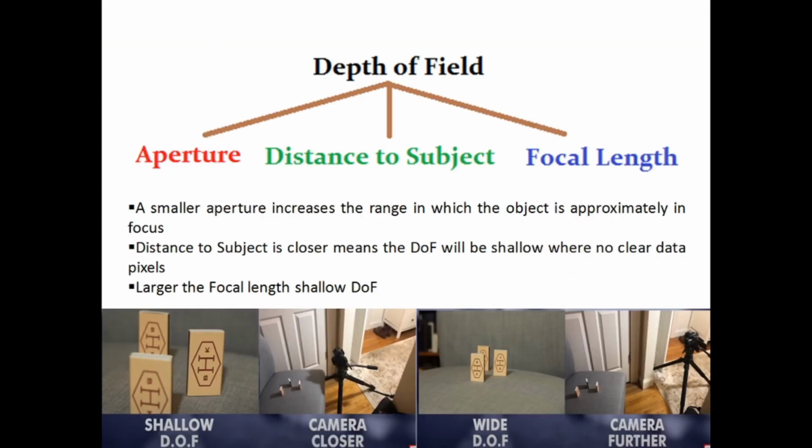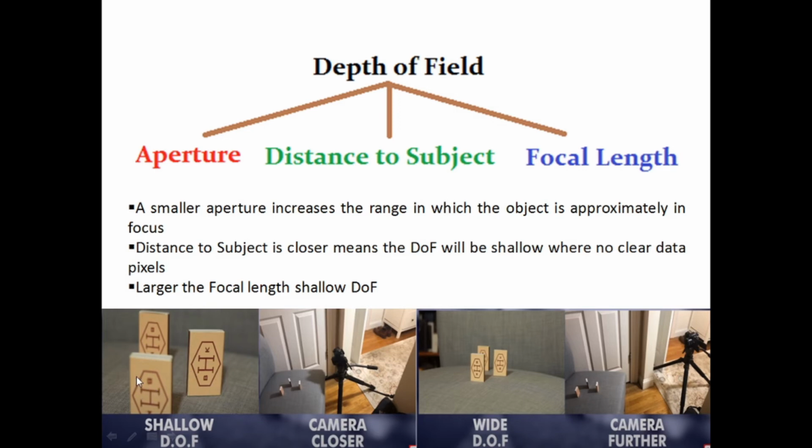Okay, now let me go with the remaining one, distance to subject. What is this distance to subject? So in the image, left side as well as the right side, this is my camera, this is my subject, and this is my camera, this is my subject. If the distance to subject is closer, I will be having the shallow or the less depth of field.